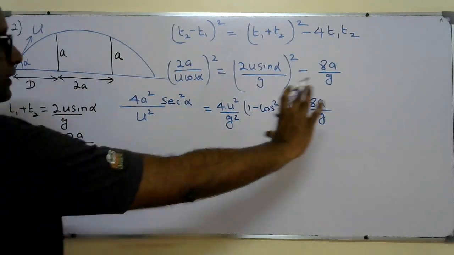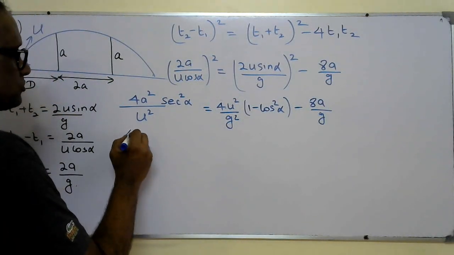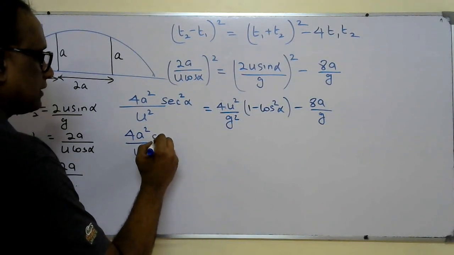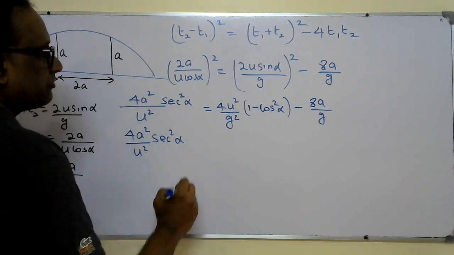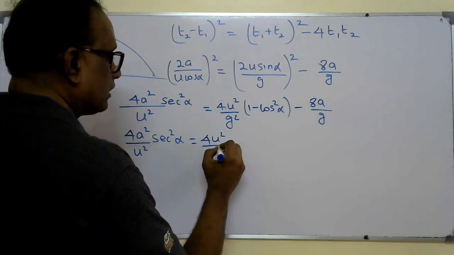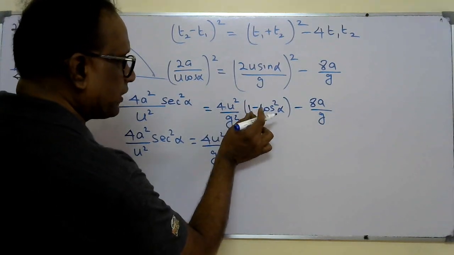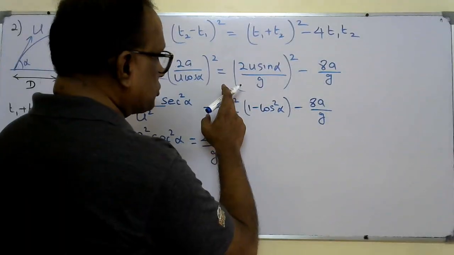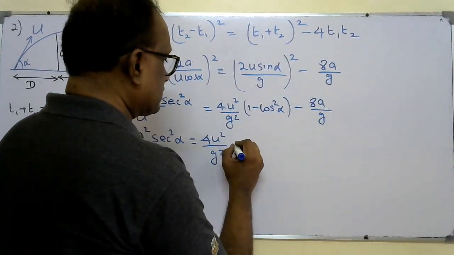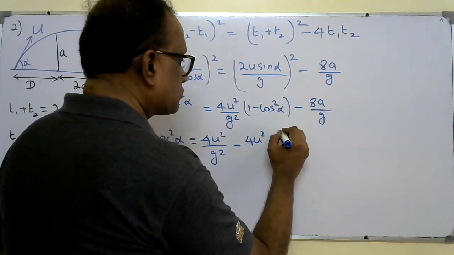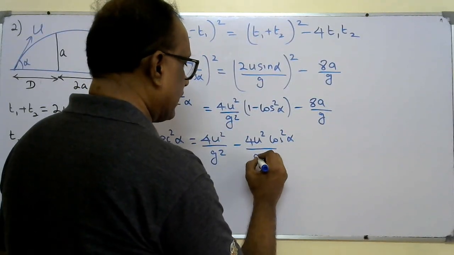So I can expand inside. It's going to be 4a squared over u squared sec squared alpha equal to 4u squared over g squared multiplied by 1, so 4u squared over g squared. Here 4u squared cos squared alpha over g squared.